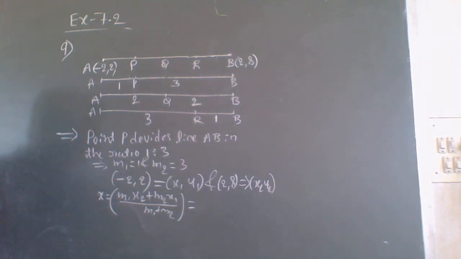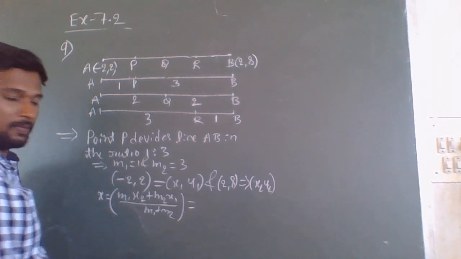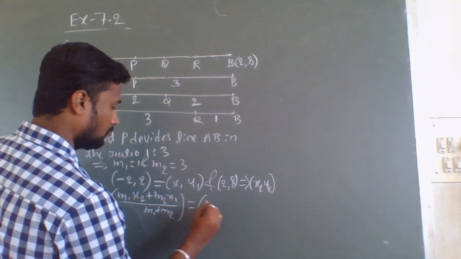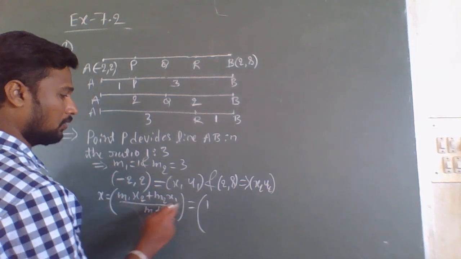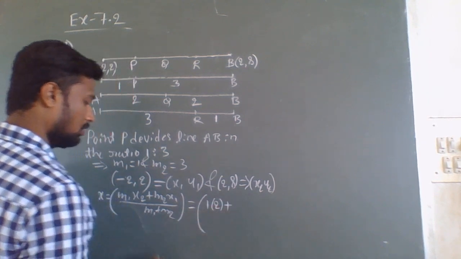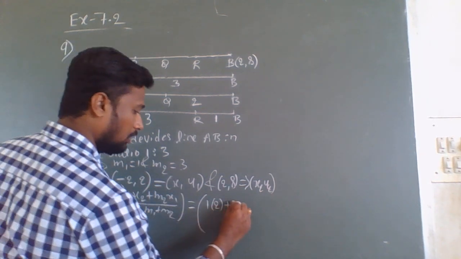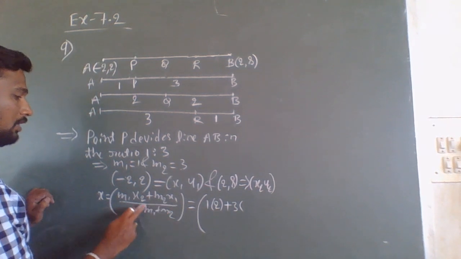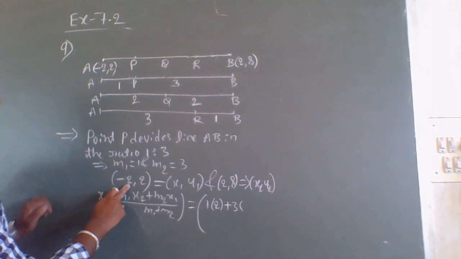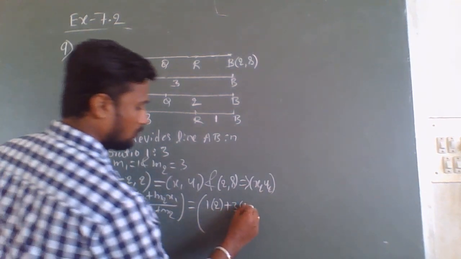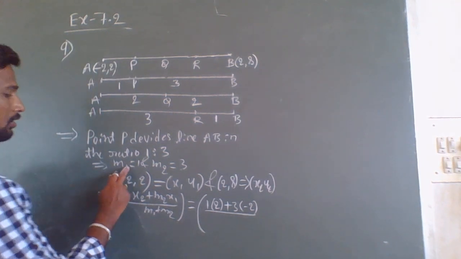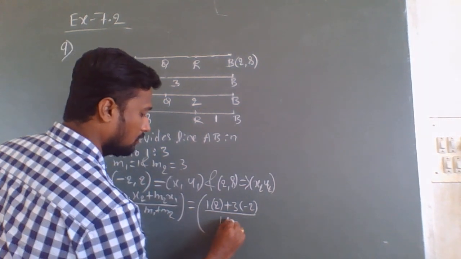So here m1 value is 1 and x2 value, what is the x2 value, 2 plus m2 value is 3 and x1 value is minus 2, divided by m1 plus m2 means 1 plus 3.